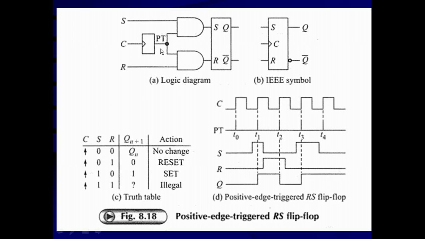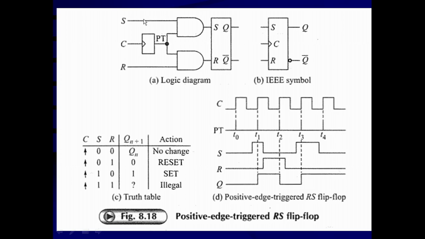The output of this positive pulse forming circuit is given to both the inputs of the AND gates. So these two AND gates are going to be enabled only during the positive spike, that means for a small narrow voltage spike only, a small interval of time less than 25 nanoseconds or so.